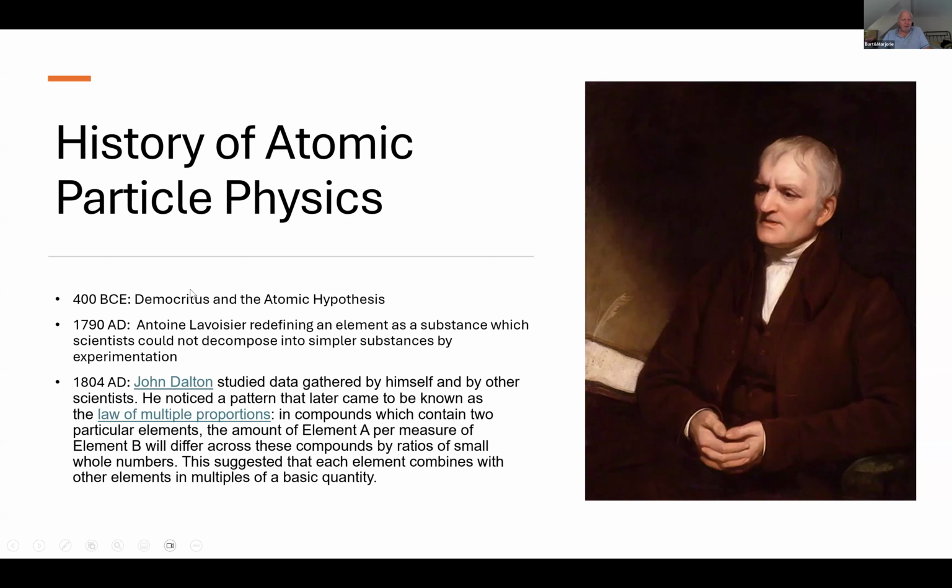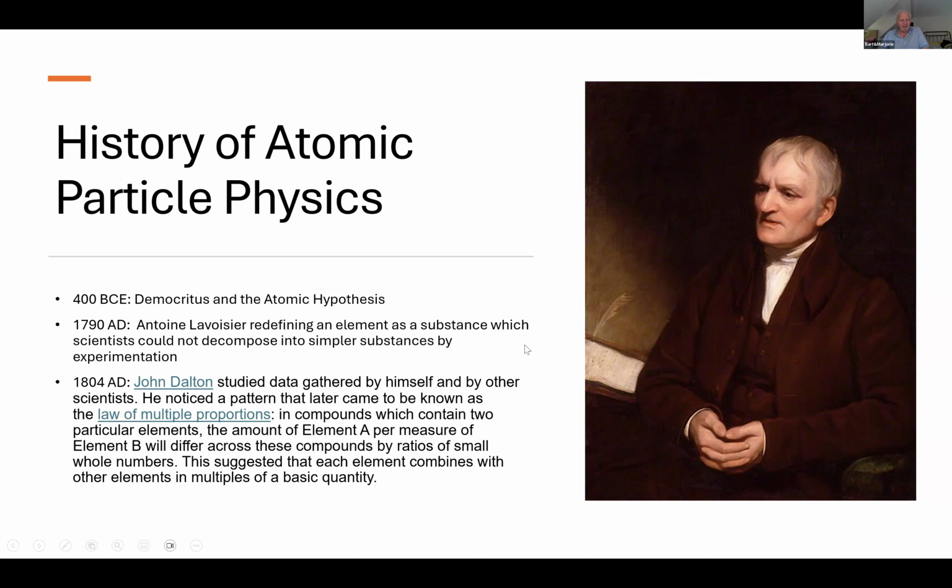We have to go a long way from when Democritus did his pronouncements in 400 BC, clear up to almost 1800, a period of 2200 years. Antoine Lavoisier defined an element as a substance which scientists couldn't decompose into simpler substances by experimentation.